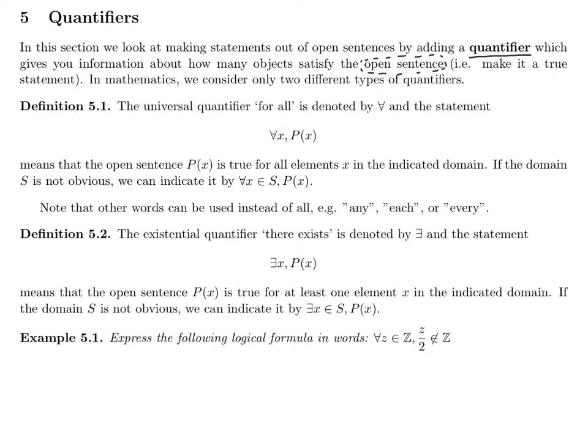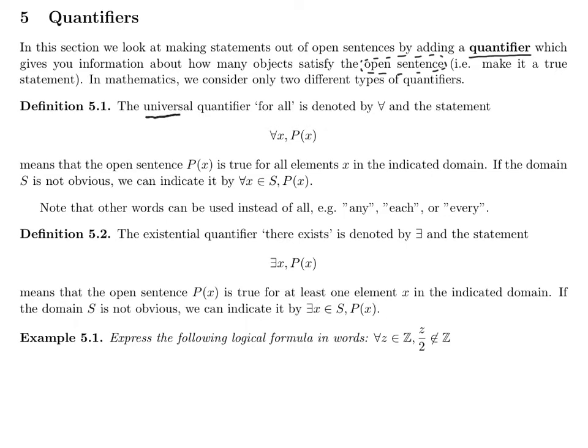Remember, open sentences are true statements for various values in the domain and false for other values in the domain. Adding a quantifier at the start turns the whole thing into a statement itself, which just has a value of true or false. So working towards an example of one of these, let me introduce our first quantifier.